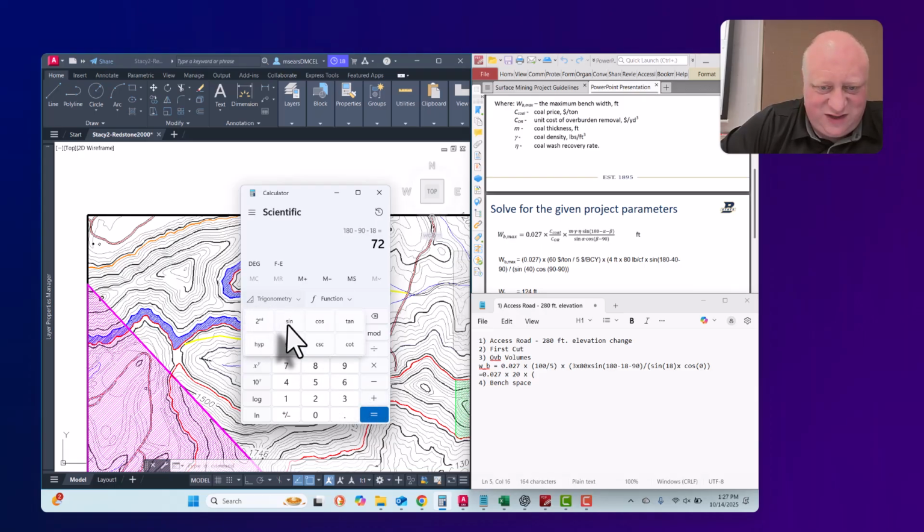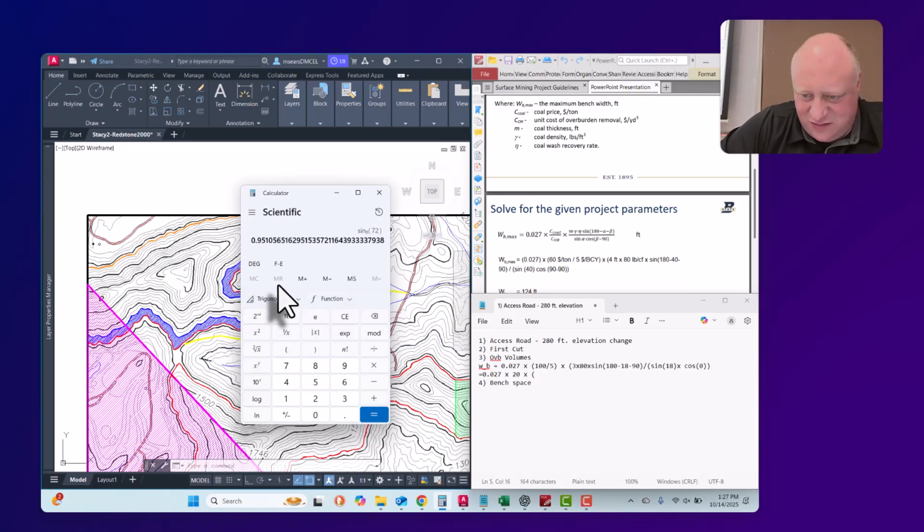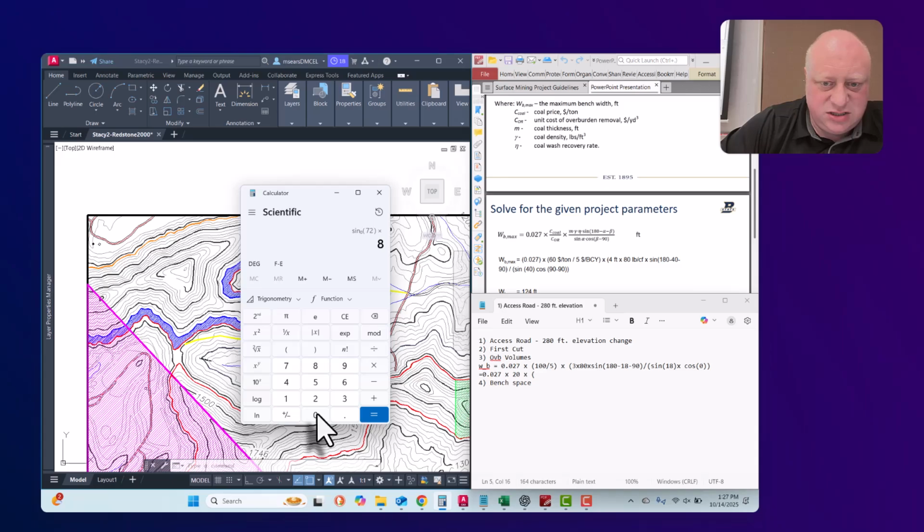We'll take the sine of that, which is 0.95, and multiply that by 80, the density times the coal thickness, multiply by 3. 228.25. Oh, geez.